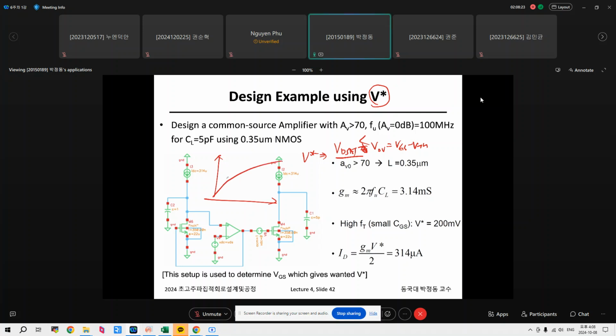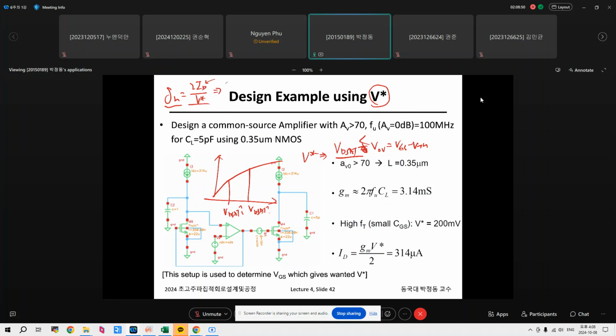Where is VDSAT? This or this? How can you know? So we define V star in such a way that GM, which is extracted from SPICE, is 2ID over V star, where ID is our applied current. Okay, we define it this way.